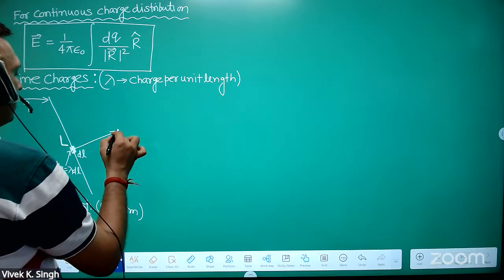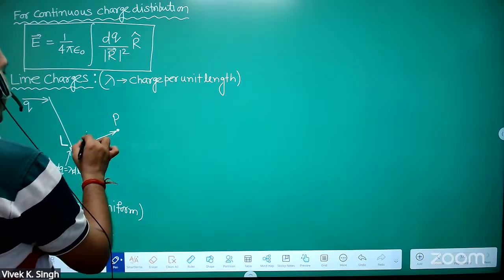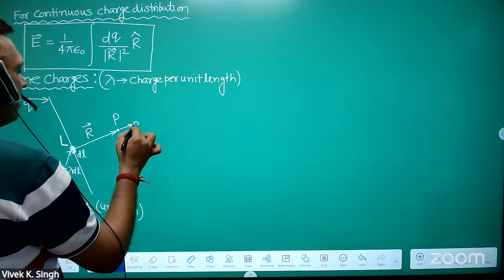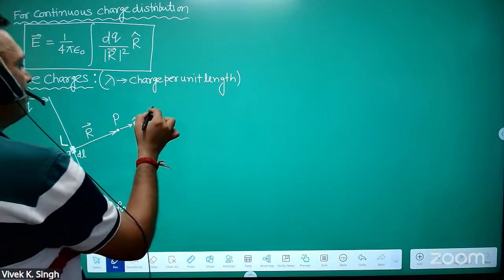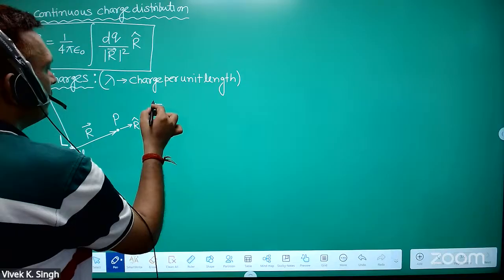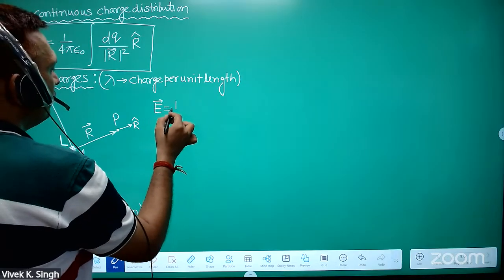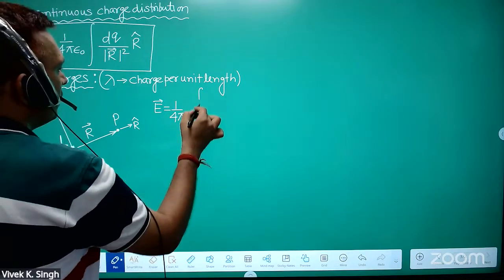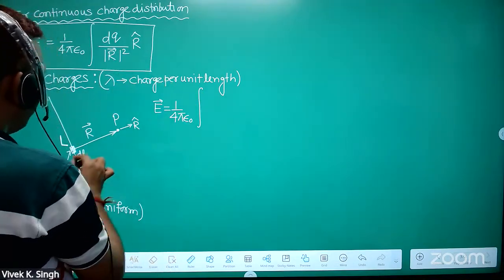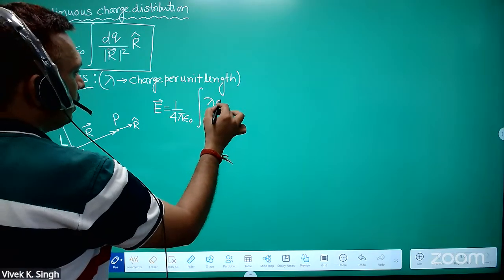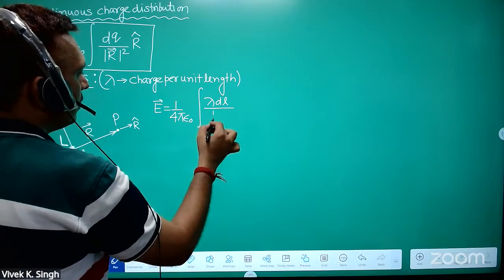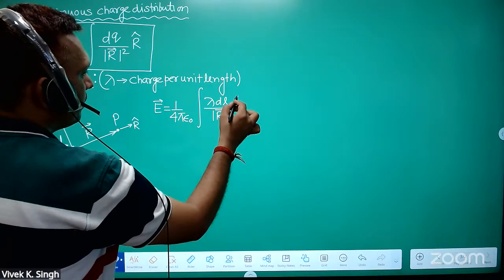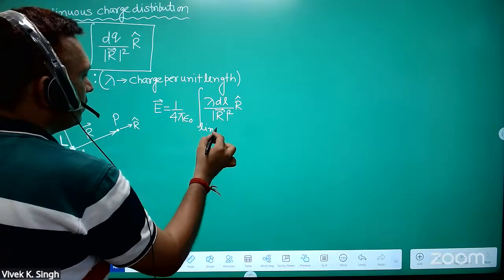And at any point P, r distance away, we can write Coulomb's law as E is 1 by 4 pi epsilon naught, now dq is lambda dl, by mod r square r cap, and here you have a line integral.